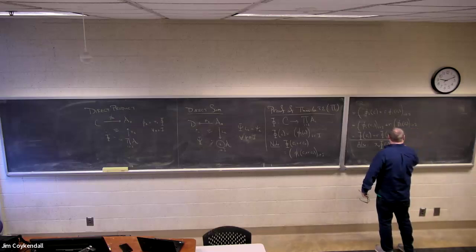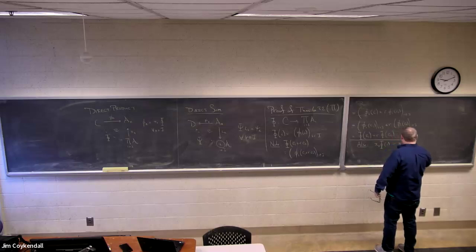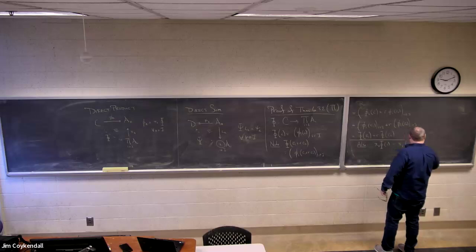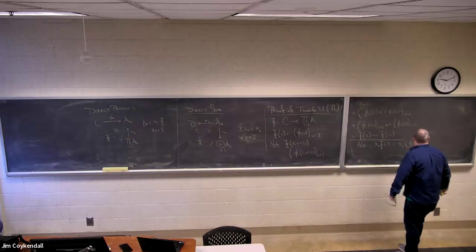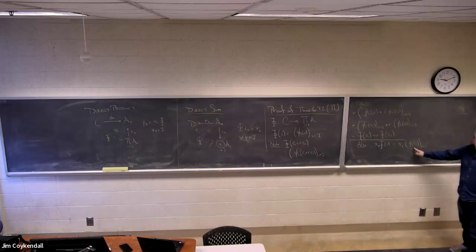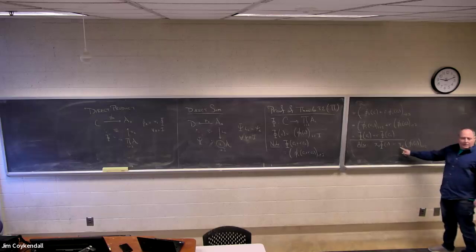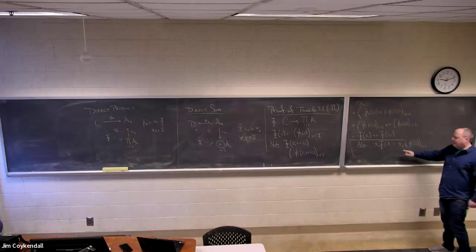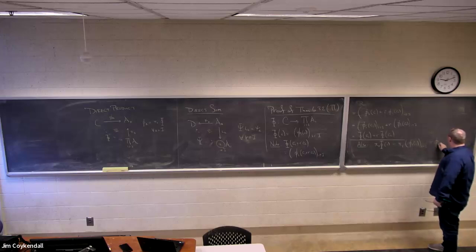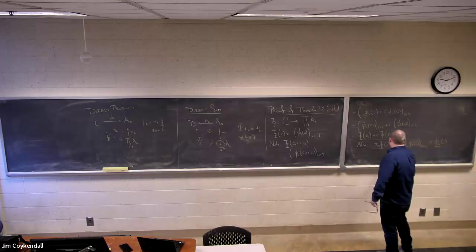Well, this is pi_k of Phi(c), because that's what capital Phi does to this. And what is this? Well, this means just read the kth coordinate. So what do we have?